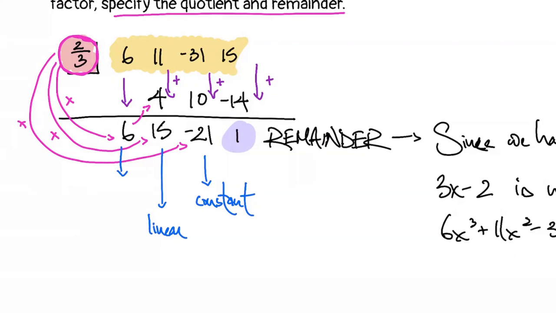Any guesses? There's a leading coefficient, but what degree? Like we have a constant, we have a linear. What's this one going to be? Yes, and what do we call that? 6x squared. Call that quadratic. Good.